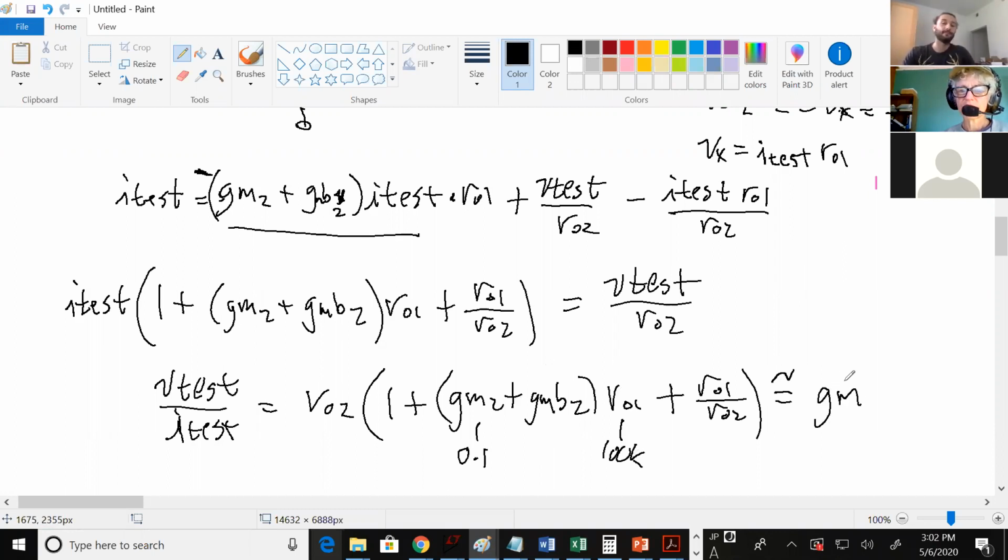You'll see that GM2 is usually 10, 100 times bigger than GMB. I'll write that out on the notes in a second. But RO1, RO2. So what was the resistance looking into the collector of a BJT?